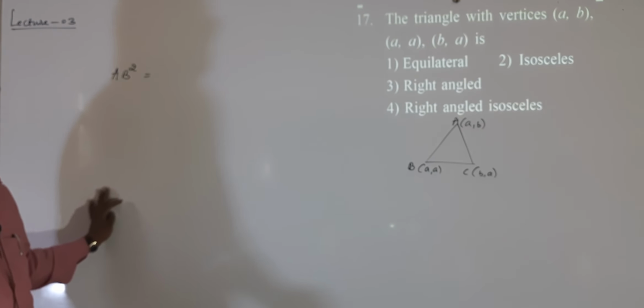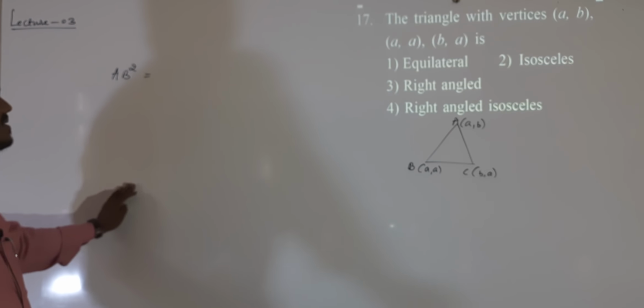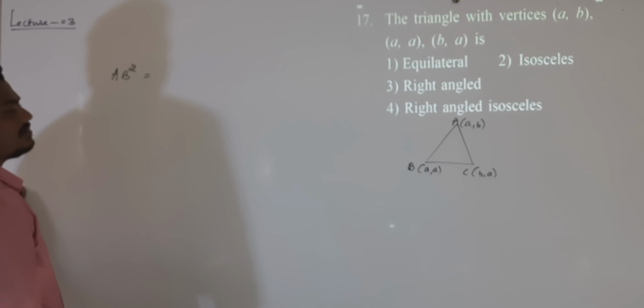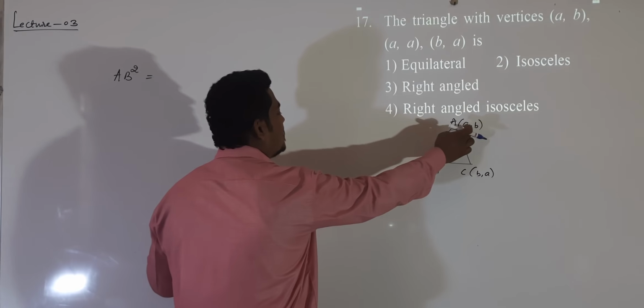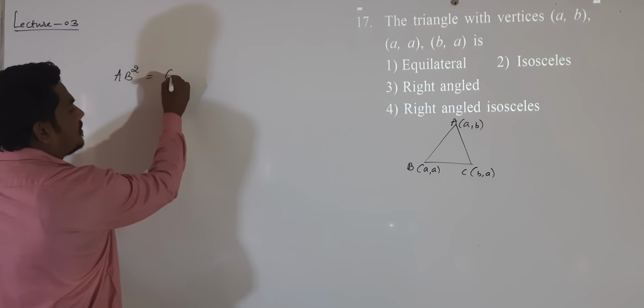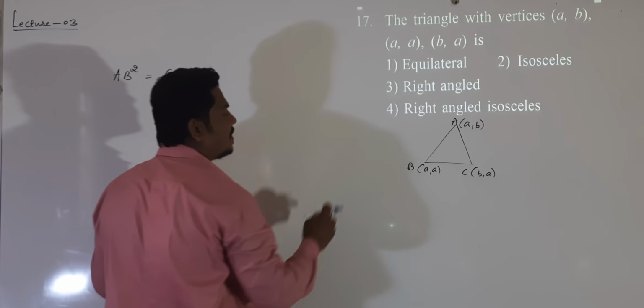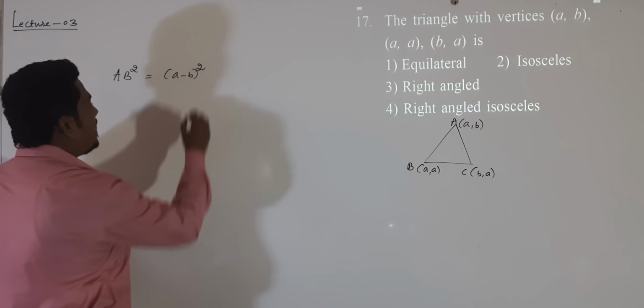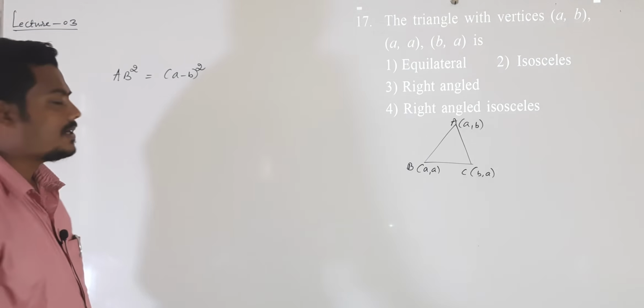AB square is equal to, by using the distance formula, this point is x1, y1 and this is x2, y2. That is (A minus A) squared, which is 0, plus (A minus B) whole square. AB square is equal to (A minus B) squared, right?